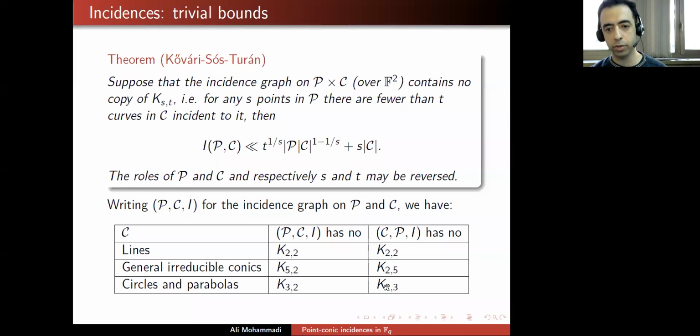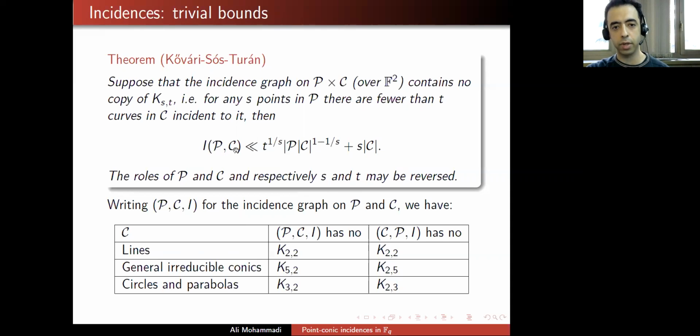And again, for circles and parabolas, if you switch the roles of P and C, here you would have a 1 minus 1 on 2. If you look up any paper on incidences, especially Szemerédi-Trotter, you will see the trivial bound, a simple proof for point-line incidences.